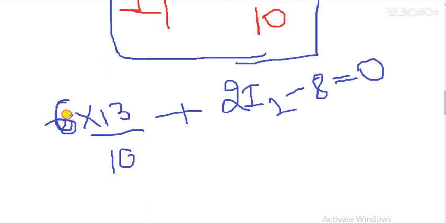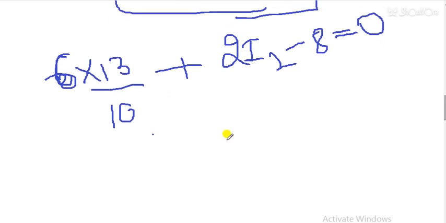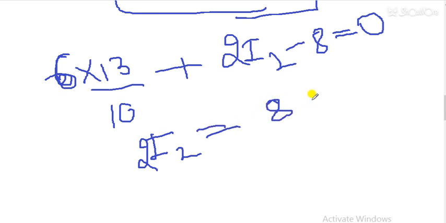6 into 13 is 78. Take it to the right hand side, so 2I2 is equal to 8 minus 78 by 10.